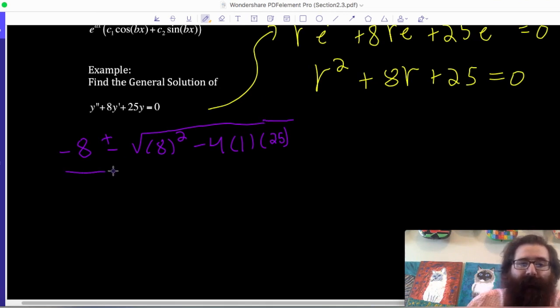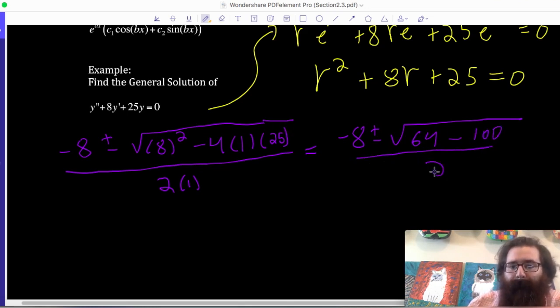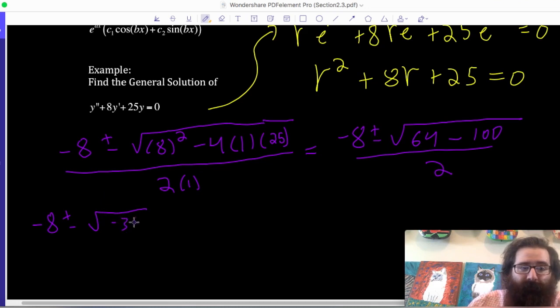And this is all divided by 2 times a, so that's 2 times 1. And I want to start working with this. So we say, what does this give me? Negative 8 plus or minus the square root of 8 squared gives me 64, minus 4 times 1 times 25 is 100, all over 2. So we have negative 8 plus or minus the square root of 64 minus 100 is negative 36, all over 2.